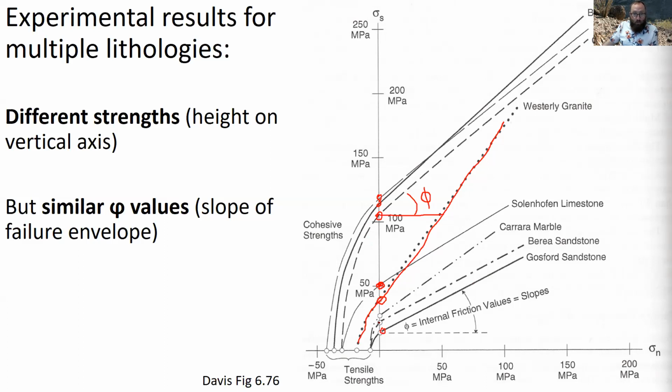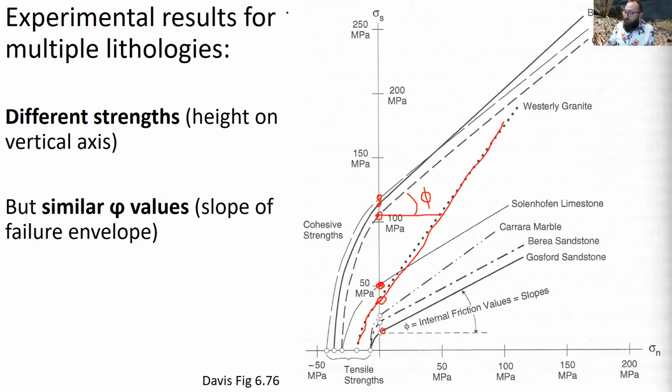Therefore, theta, again, is almost always about 60 degrees, and therefore the angle between sigma 1 and a fault is almost always 30 degrees.